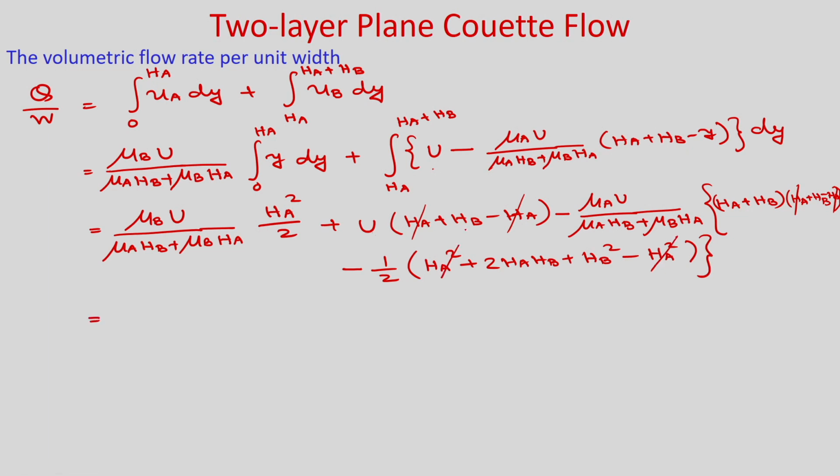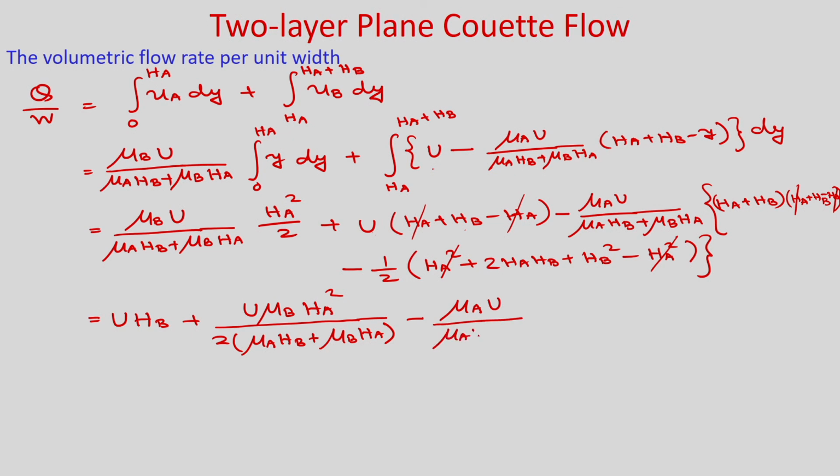You can write U Hb plus this you can write as U mu b Ha square divided by 2 into mu a Hb plus mu b Ha. Okay. And here you have minus mu a U divided by mu a Hb plus mu b Ha.